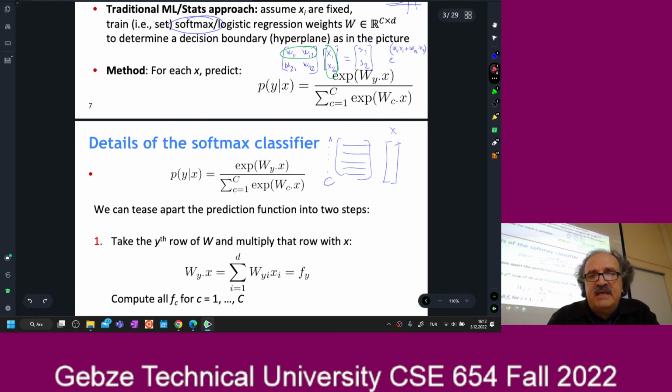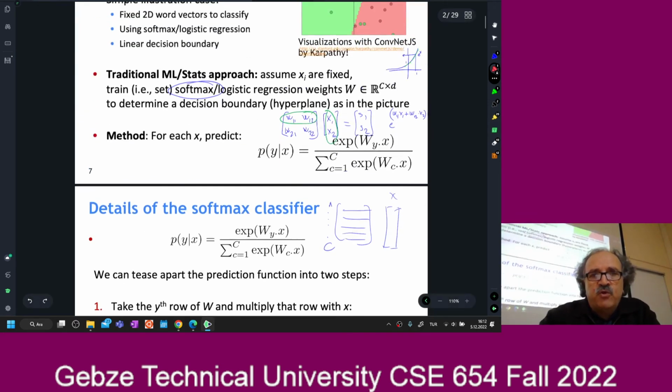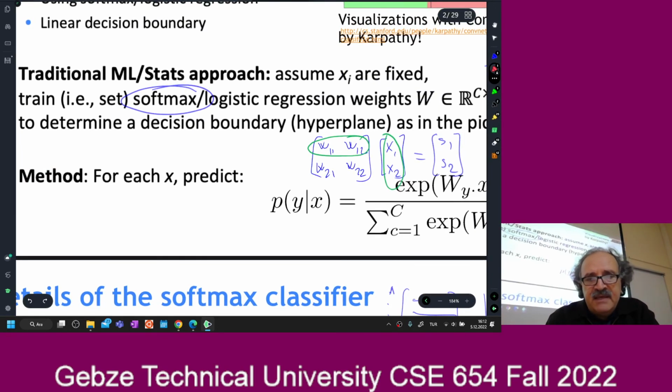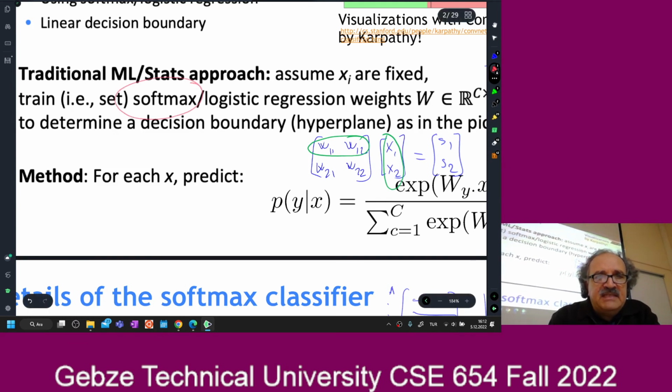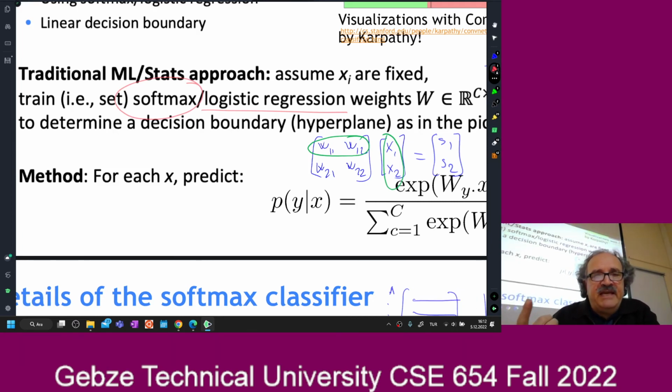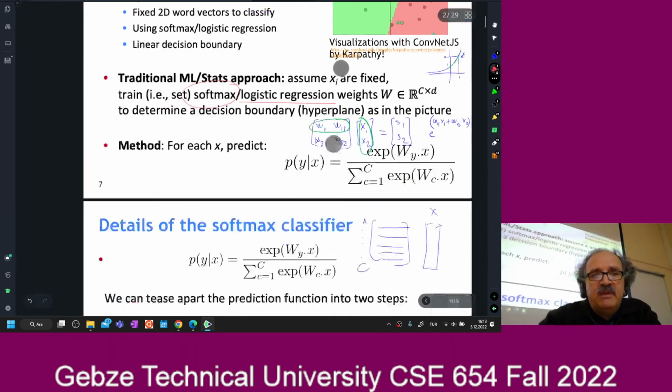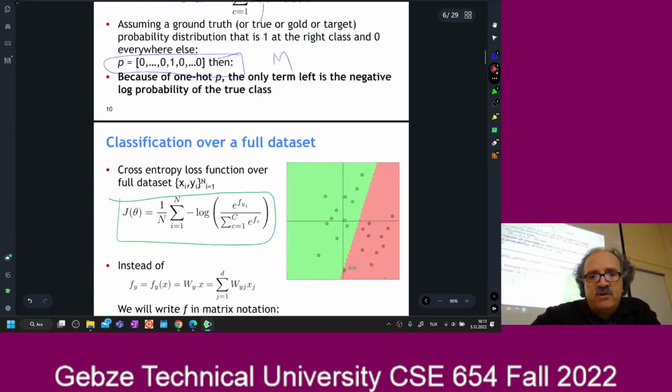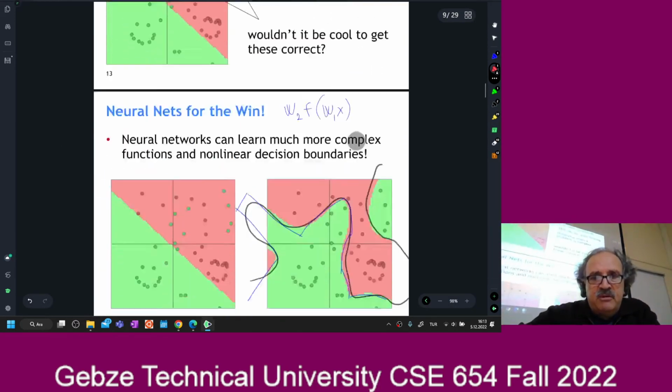This one has many classes. So softmax logistic regression is the same thing. Softmax is for when I have many classes, more than one class. Logistic regression is for when you have a single class, either you belong to it or not. So there is a single probability. This one is good for measuring a single probability.